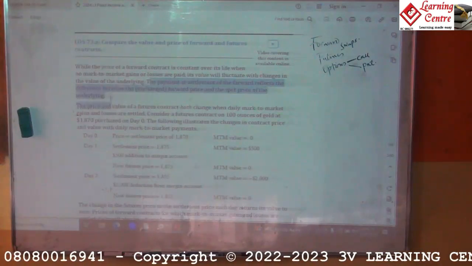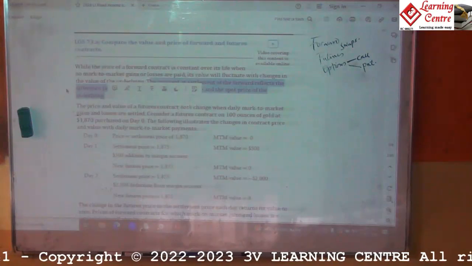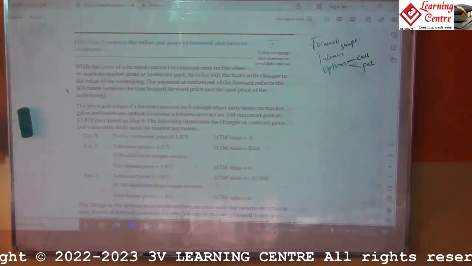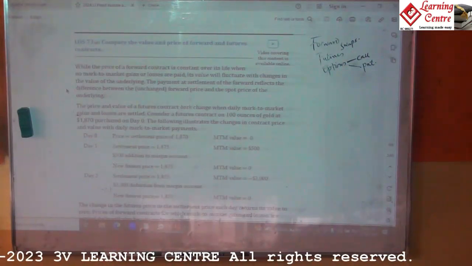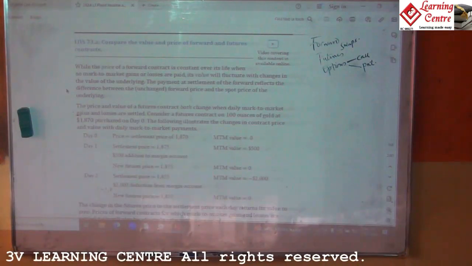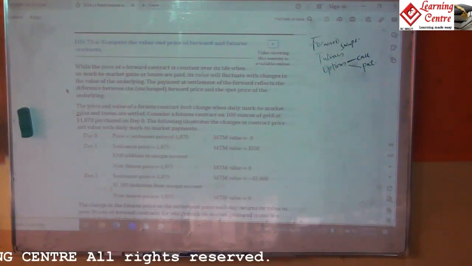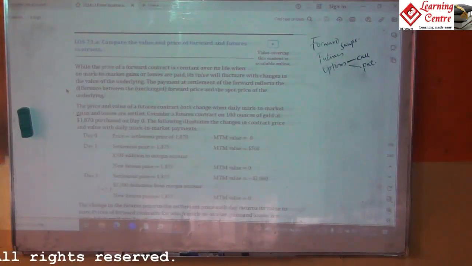We have agreed at the beginning that we are going to do a transaction. For a forward contract, all through the life of the contract, the price will remain the same. The value will of course be fluctuating as the value of the underlying changes. Then at the end of the contract, we will pay based on the difference between the forward and the spot. So one person will gain, one person will lose.